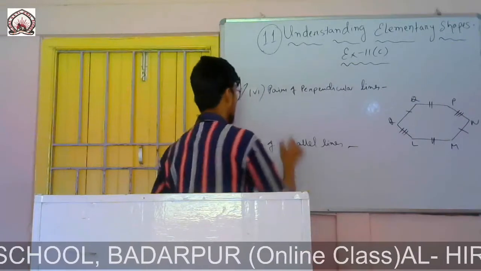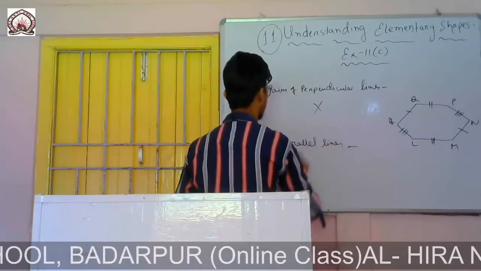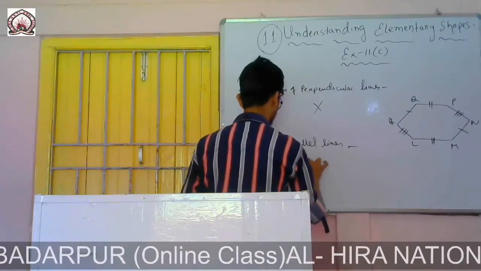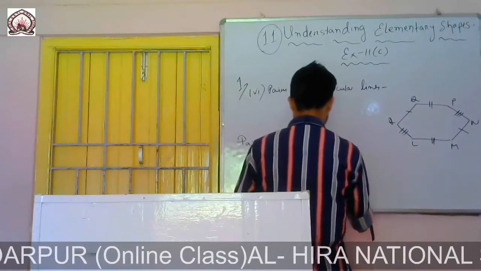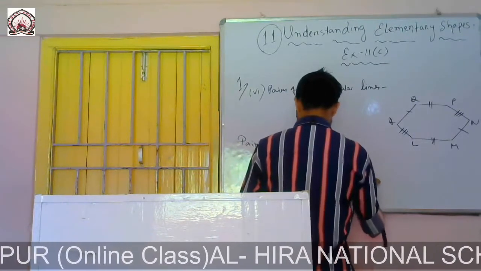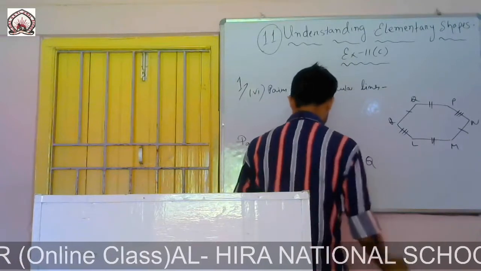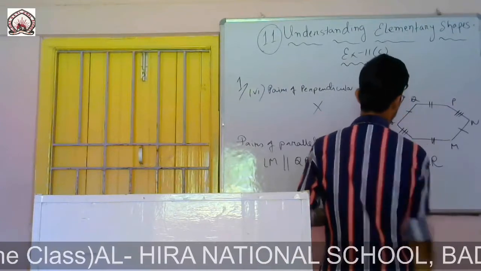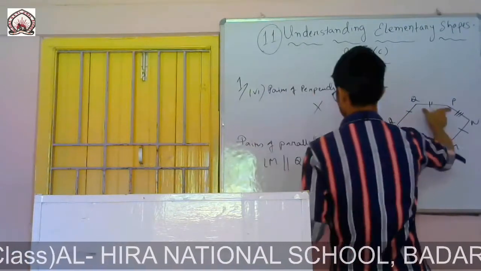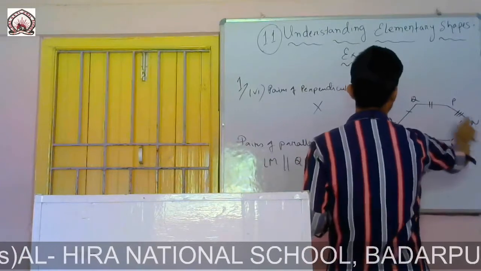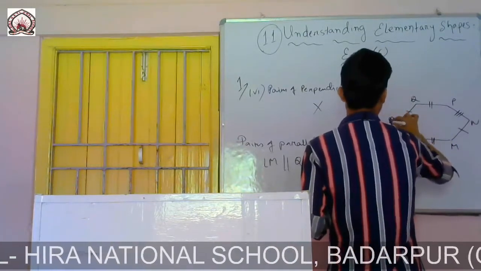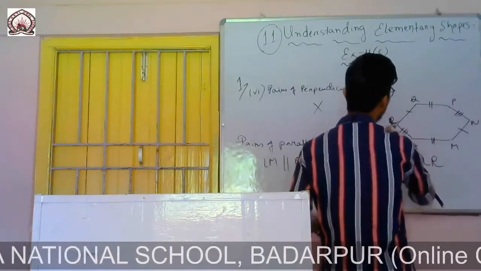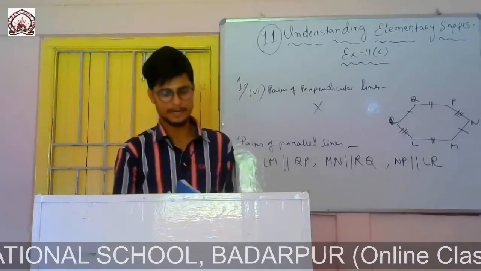So we can write LM parallel to QP, MN parallel to RQ, and the last one NP parallel to LR. So these are the pairs of parallel lines.